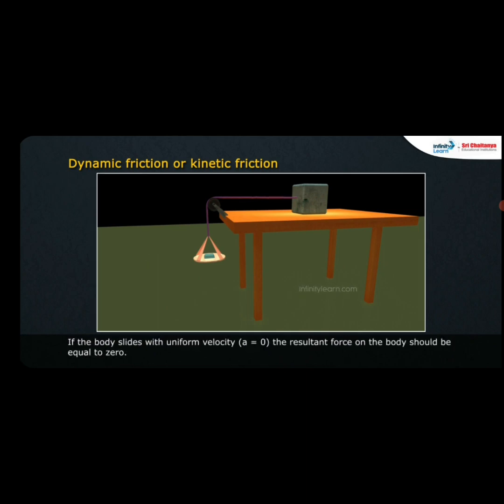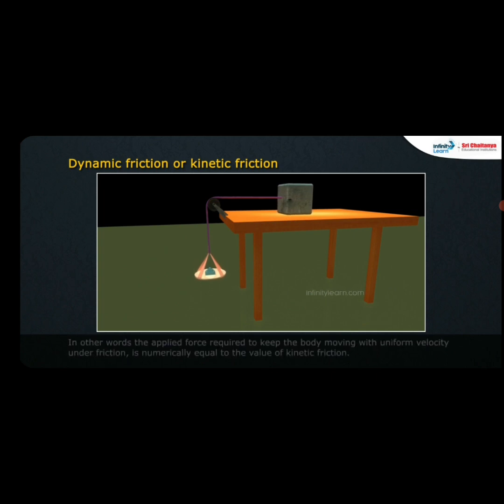If the body slides with uniform velocity, a is equal to 0, the resultant force on the body should be equal to 0. In other words, the applied force required to keep the body moving with uniform velocity under friction is numerically equal to the value of kinetic friction.